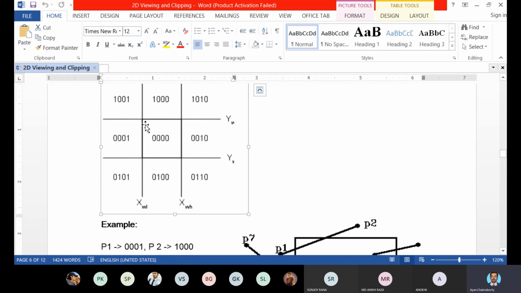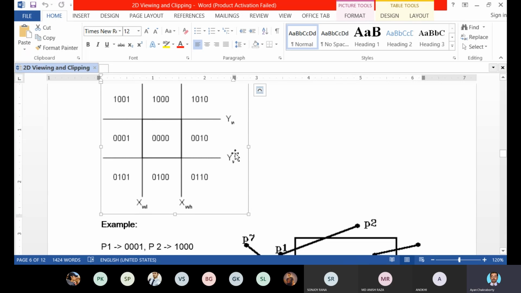As you can see here, this central region, 0000, is our window. XWL and XWH are X window low and X window high, the X coordinates of the window.